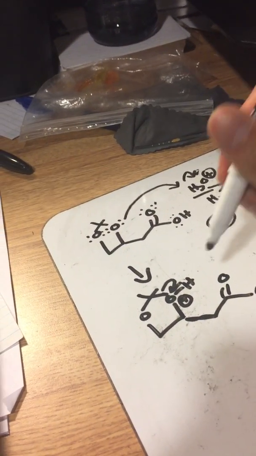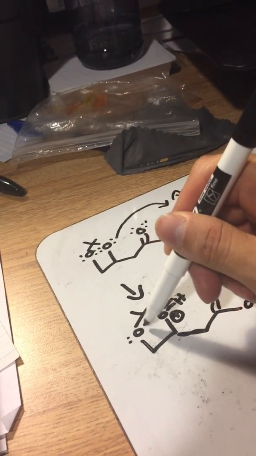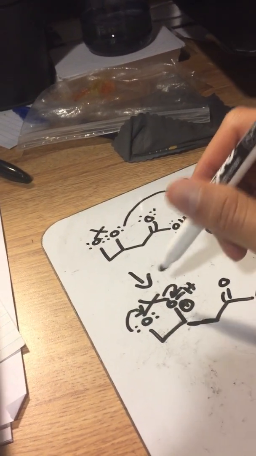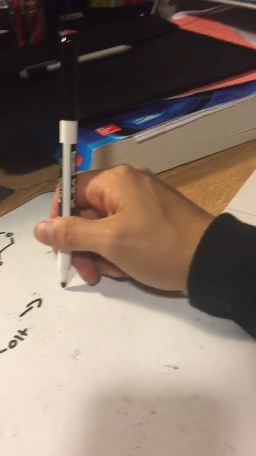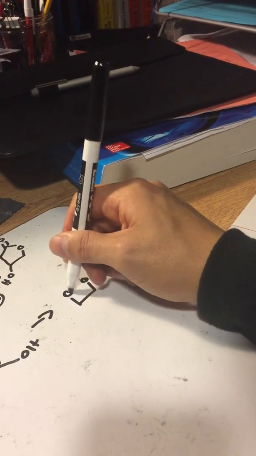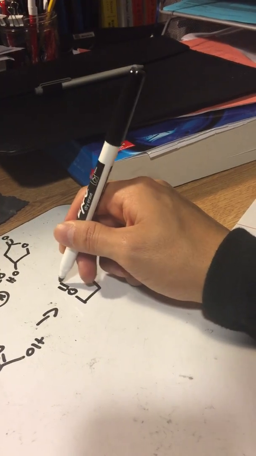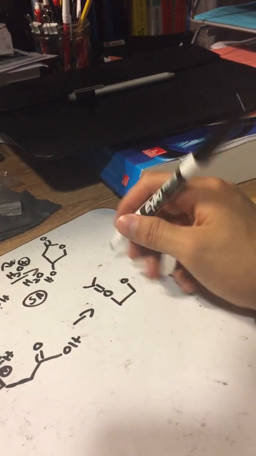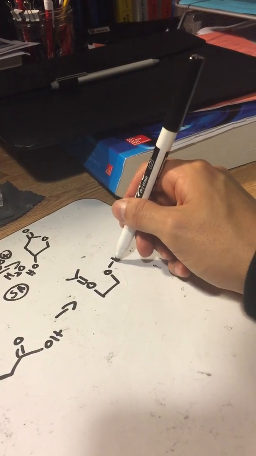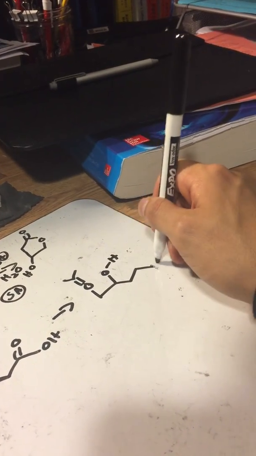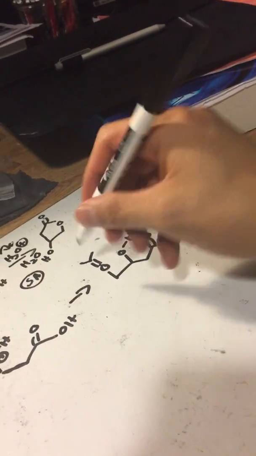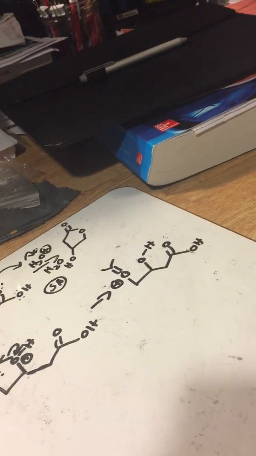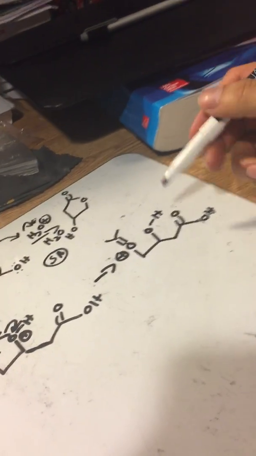The resonating of our electrons will drive these electrons to kick out onto our oxygen. That leaves us with a double bond on our oxygen, which gives a positive charge on that oxygen now, but we get our happy alcohol.